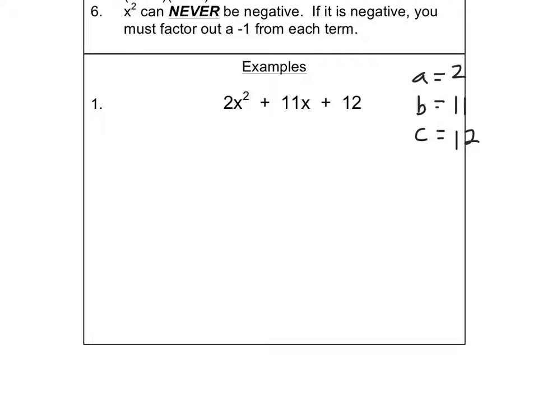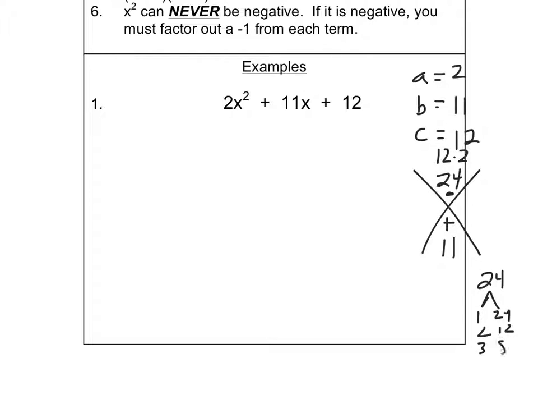Again, if you remember, we're trying to find factors of, in this case, 12 times 2, which is 24. So I need two numbers that multiply to be 24, but they add to be 11. Okay, well, my factors of 24 are 1 and 24, 2 and 12, 3 and 8, 4 and 6.